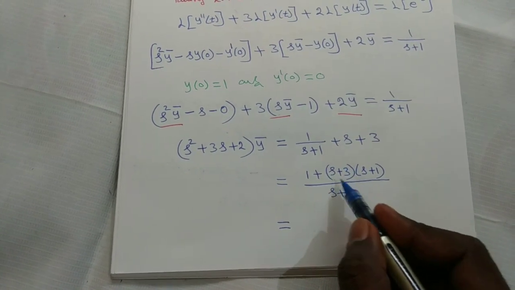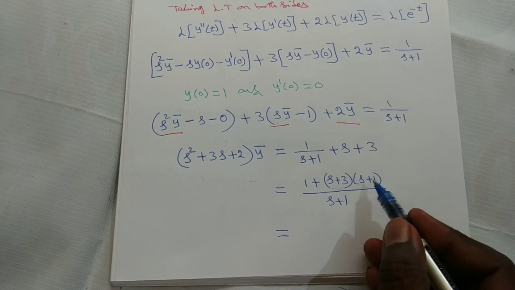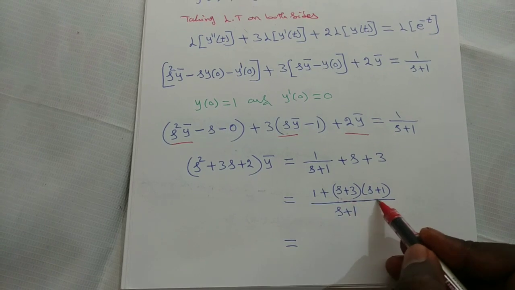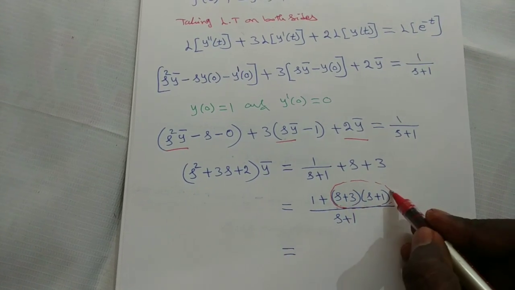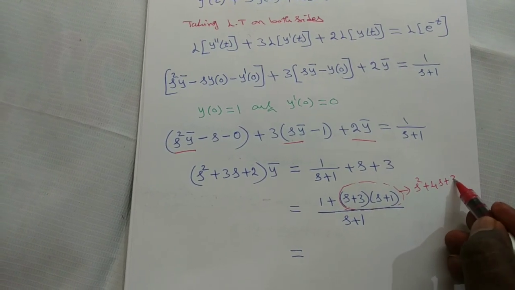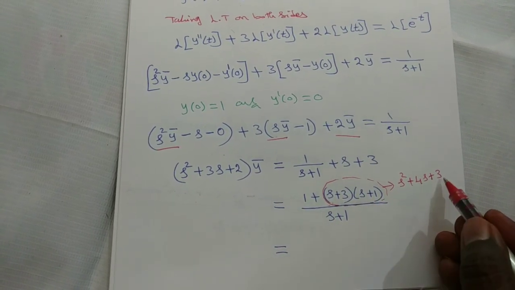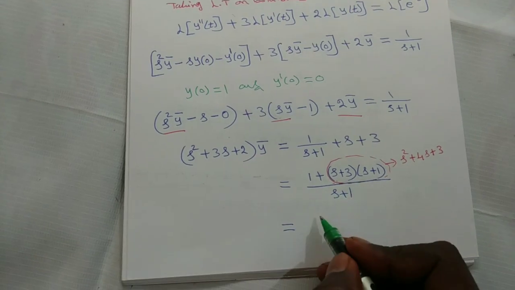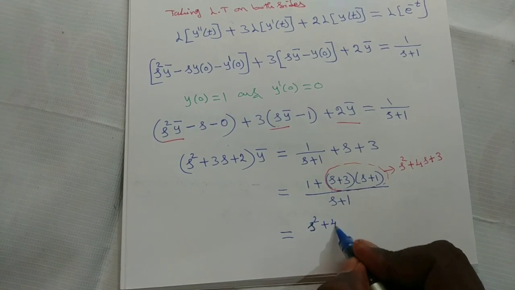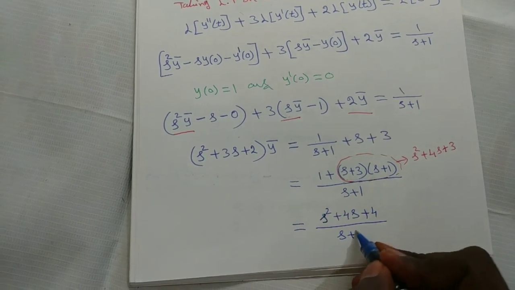Multiplying these two terms, s² + s + 3s + 3, you will get s² + 4s + 3. But here there is also 1, so 1 + 3 is 4. So in the numerator you will get (s² + 4s + 4)/(s + 1).